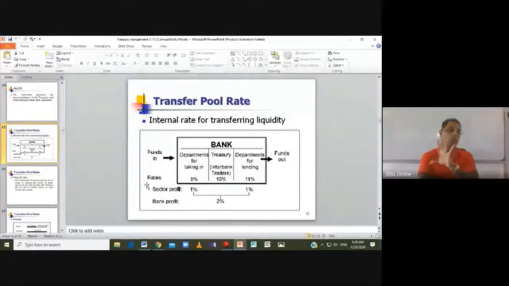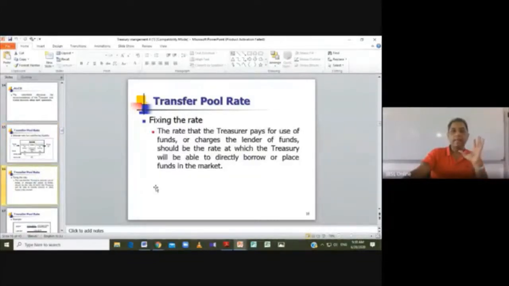So it's important for the treasury to make sure that its transfer pricing rate, pool rate, or whatever you want to call it, is in line with the market and in line with what clients want to do. If it doesn't place it in a proper way, there is a risk the bank will either over borrow or over lend, right? And the treasury will lose money in the process of doing that. If the treasury loses money, the bank loses money.